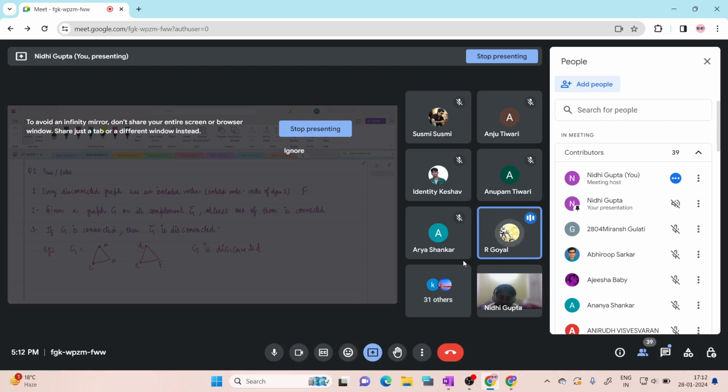Wherever there is an edge in G between vertices, there won't be an edge in the complement of G. So one of them has to be connected definitely because their union would be connected. So you are saying if the union of two graphs is connected and one is disconnected, then clearly the other one has to be connected. Otherwise, how would I get the union of both the graphs connected?